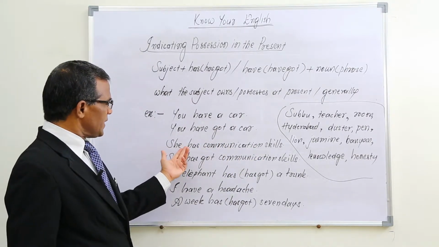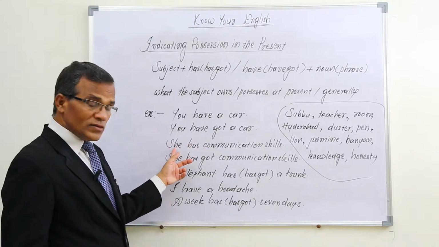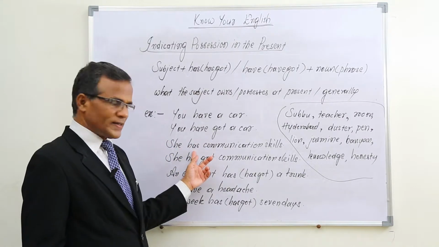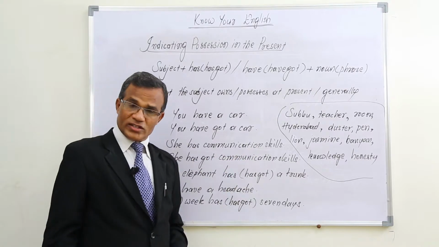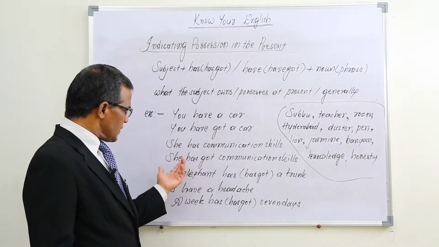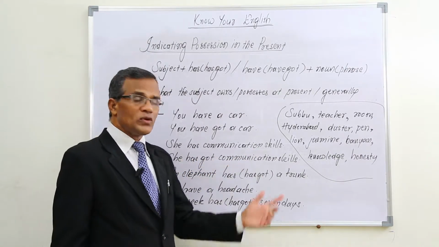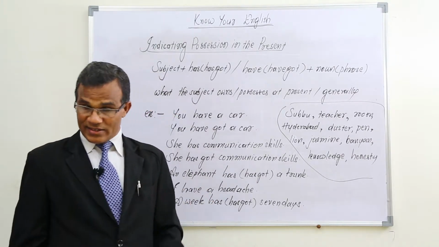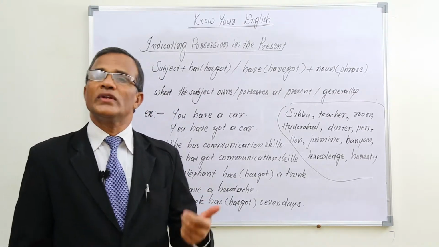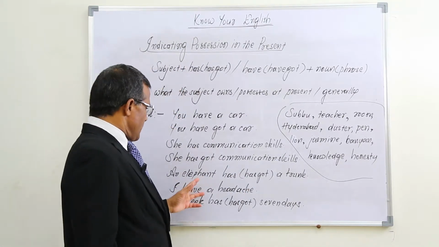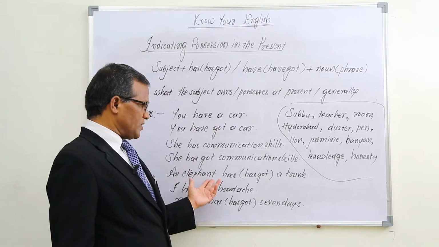Next, for example, she has. If subject is singular, we have to take has or has got. She has communication skills. And you can even say she has got communication skills, means she possesses, she owns communication skills. And for example, you say an elephant, generally.